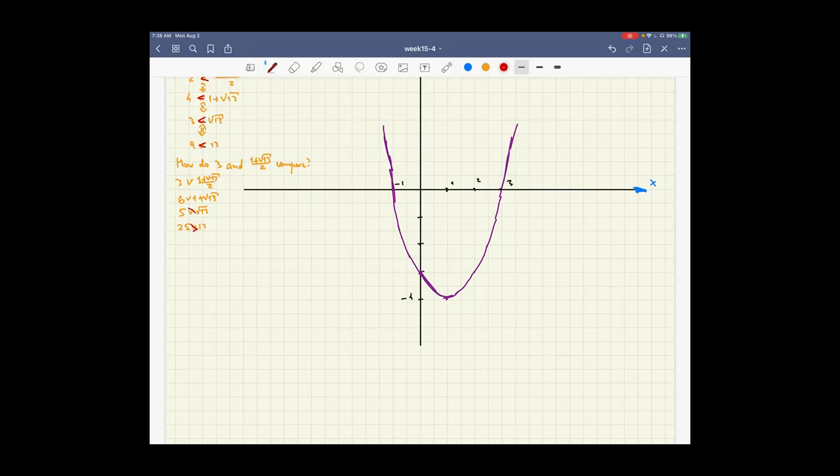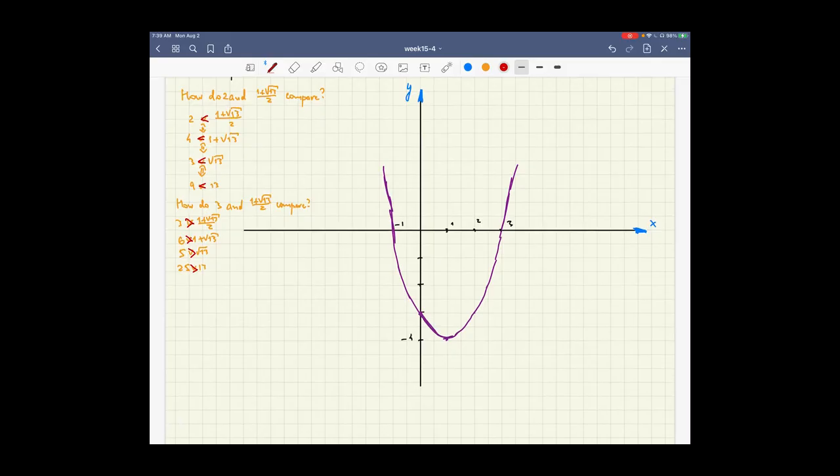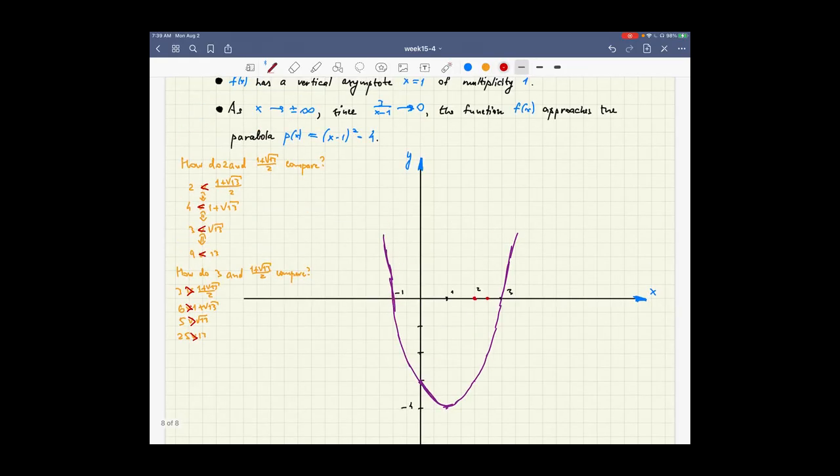So clearly we get that 3 is greater than that number. So 1 plus root 13 over 2 is between 2 and 3. So one root is 2, the other root is here, somewhere here. The other root is 1 minus root 13 over 2, and I want to know how that number compares with negative 1. So how do negative 1 and 1 minus root 13 over 2 compare?